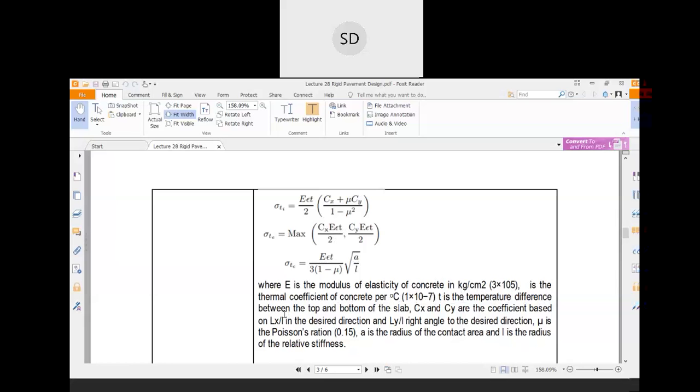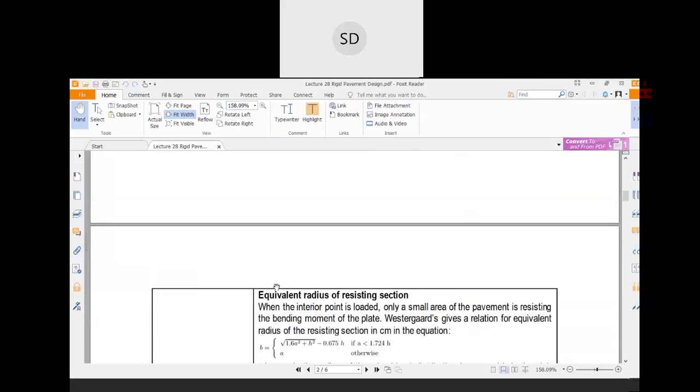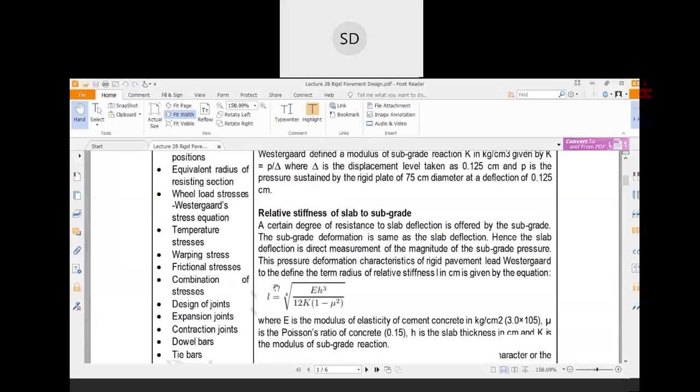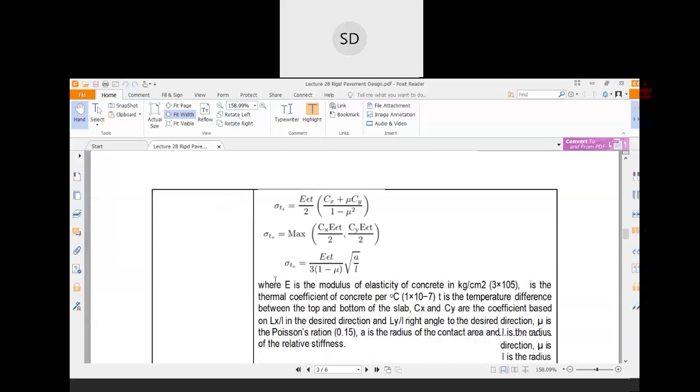T is the temperature difference between the top and the bottom of the slab. Cx and Cy are coefficients based on Lx divided by l, that is the length along the x-axis divided by the radius of relative stiffness of the slab to subgrade.